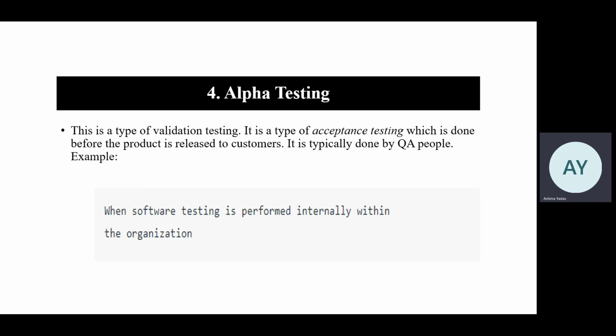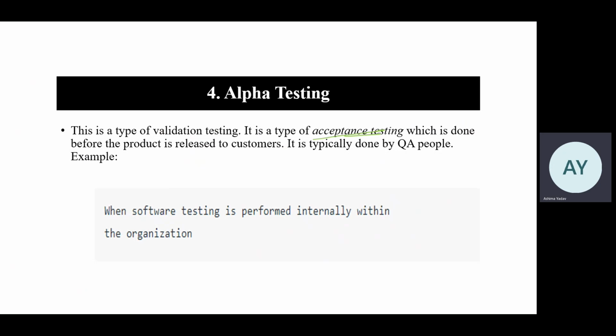Next is alpha testing. Alpha testing is a type of acceptance testing. This testing is done before the product is released to the customer. When the software is ready, it is first tested in the environment of the testers and the development team, especially by the QA people.